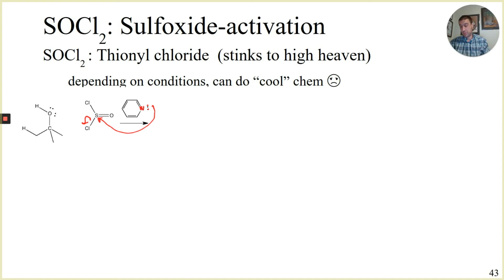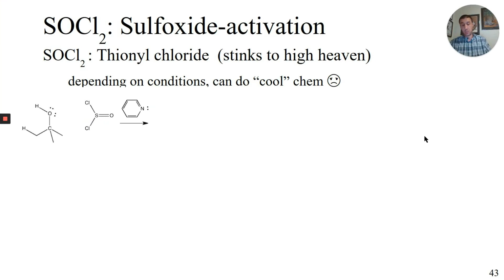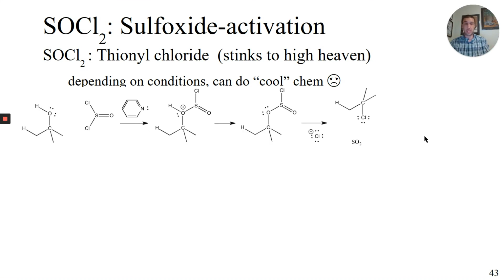That free chloride is what's allowing for the backside attack. So the pyridine gets sterically hindered enough that we end up ejecting the leaving group and forming a chloride before we actually get the nucleophilic attack. Okay? So the result being is that the chloride can now come in and do a backside attack.